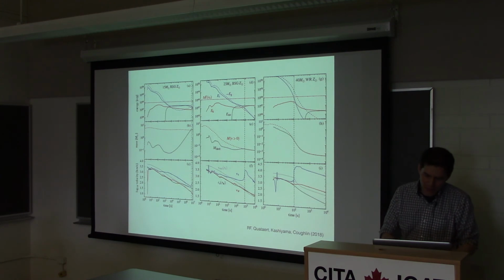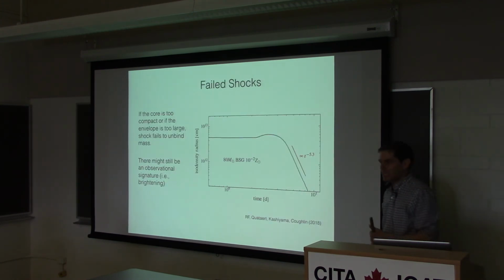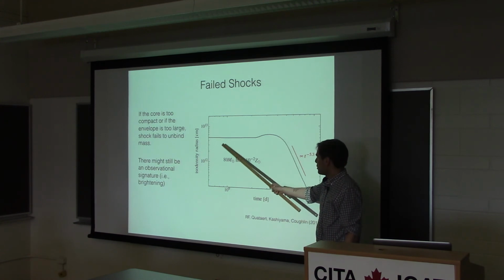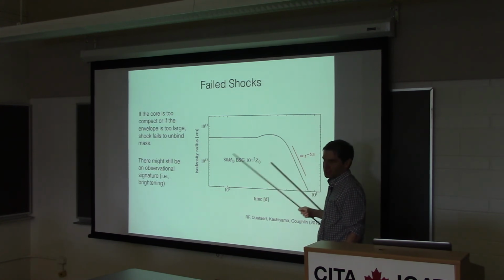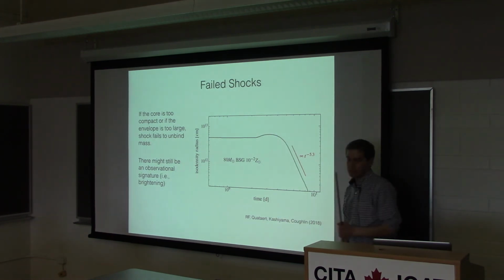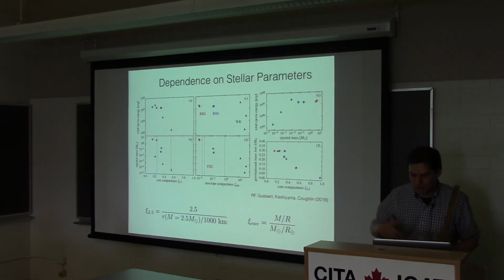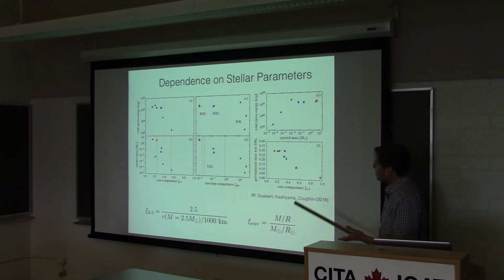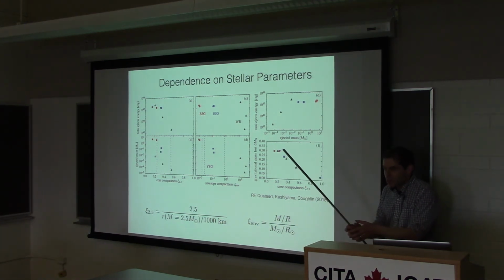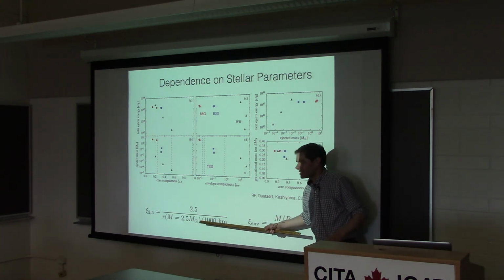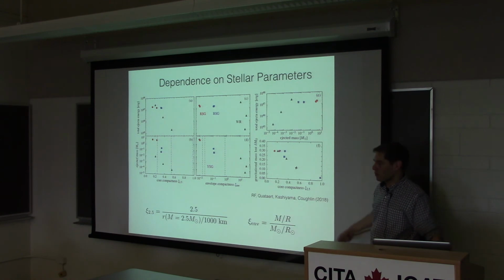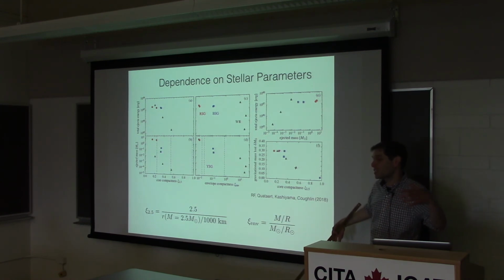Of course, there are cases in which no mass is ejected because the envelope is too large and the compactness of the core is too large. And so when the sound pulse gets to the surface, it doesn't eject anything, and the star just goes to the black hole. Okay? Nothing happens. But one can plot correlations between the core compactness, so this is m/r of the inner regions in units that supernova theorists like to use, and then m/r of the outer envelope of the star, which also tells you the strength of the gravitational field.